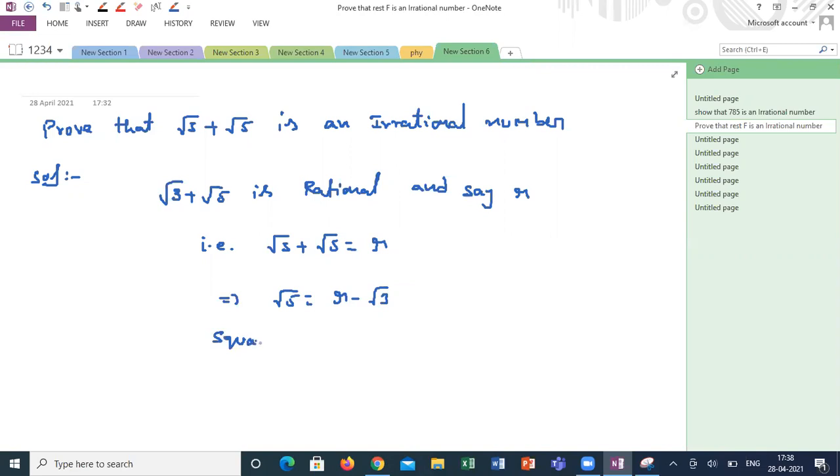Square on both sides. If I am squaring on both sides, what will I get? Root 5 whole square will be R minus root 3 whole square.